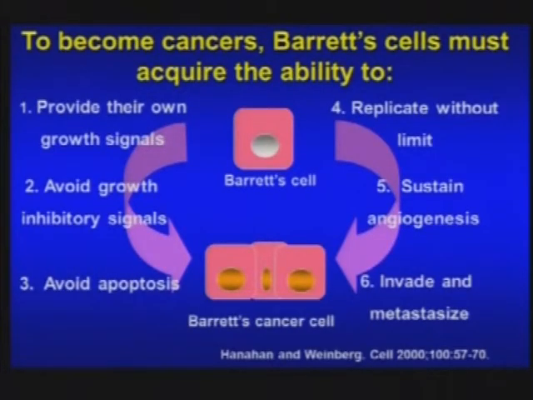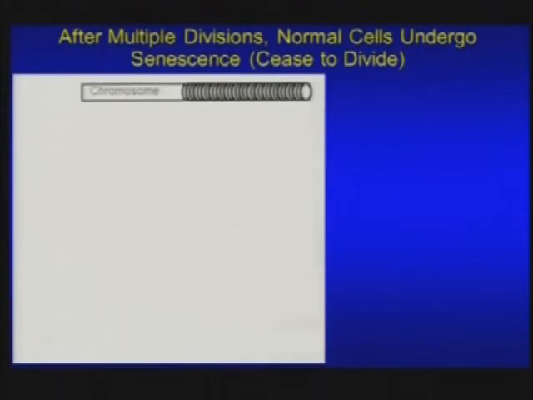Now let's look at another hallmark feature, the ability of cells to replicate without limit. So normally, as cells undergo successive divisions, they reach senescence. And senescence is an intrinsic mechanism of cells that limits their proliferative capacity.